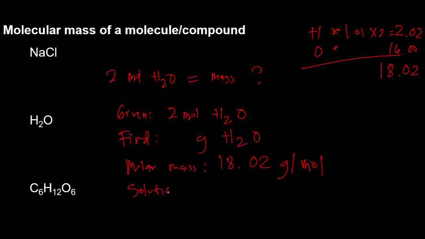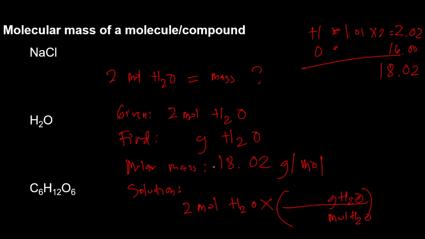And the same process as before. Write the solution. The given is 2 moles of H2O. Then convert this to grams. We need to cancel mole, so we put the mole under as a fraction, then above, convert to grams of H2O. Here we use the molar mass: 1 mole, then the mass is 18.02.